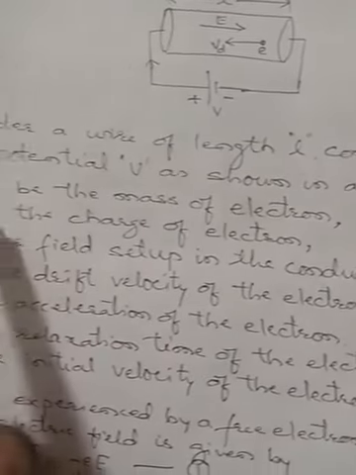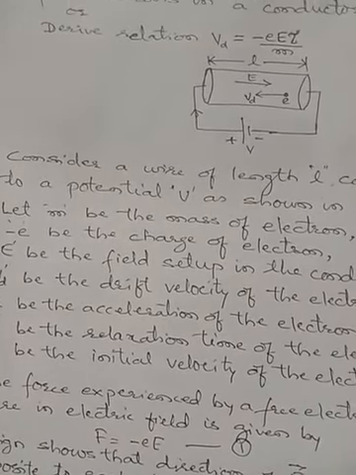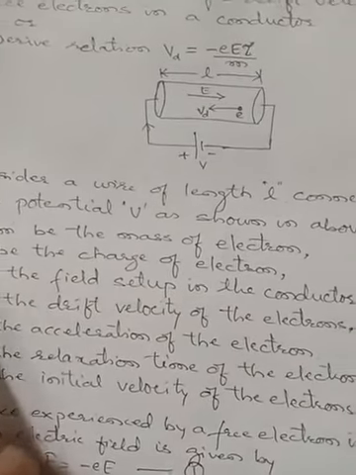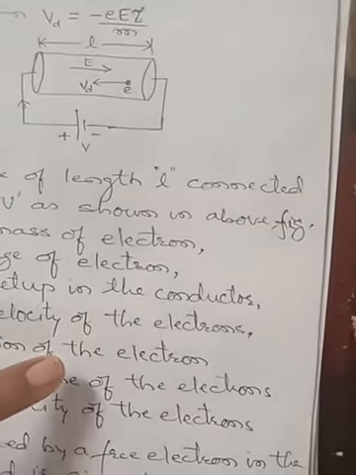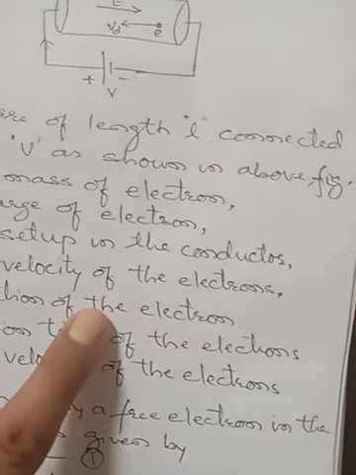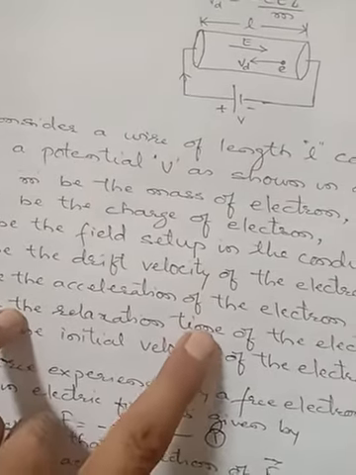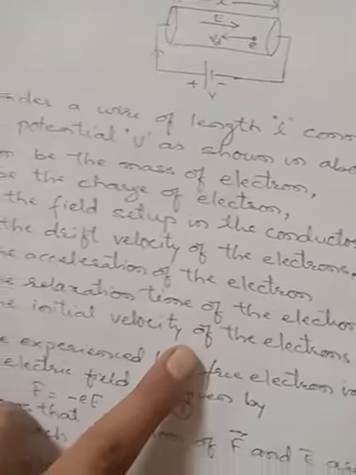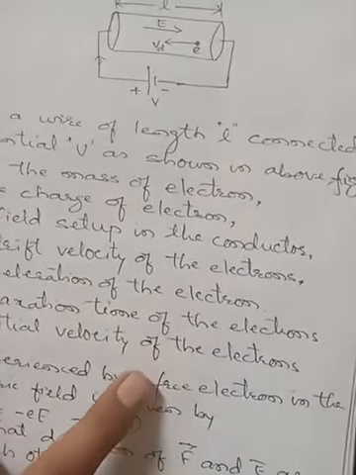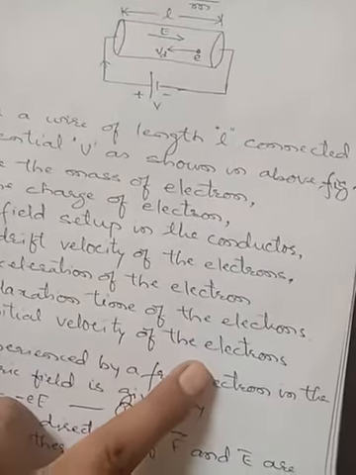Then let m be the mass of the electron, minus e be the charge on the electron, capital E be the electric field set up in the conductor, Vd be the drift velocity of the electrons, small a be the acceleration of the electrons, tau be the relaxation time of the electrons, and small u be the initial velocity of the electrons.